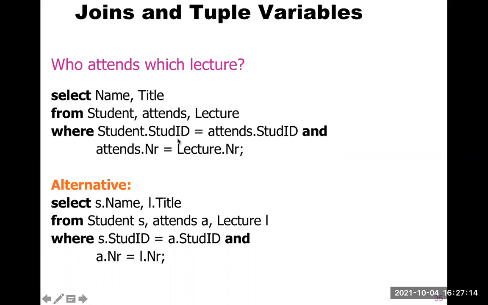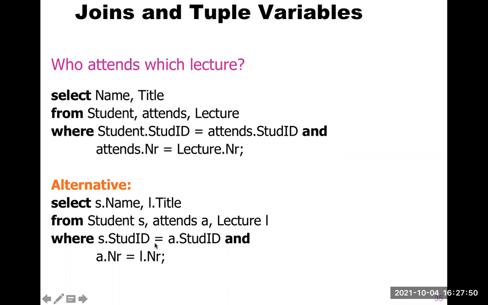So I need to qualify it and use the table name for qualification. Instead of the table name, I may supply an alias and then use the alias, as here, a there, and so on. In some systems, I may mix. So even if student has an alias of s, I still can use student.name and s.std.